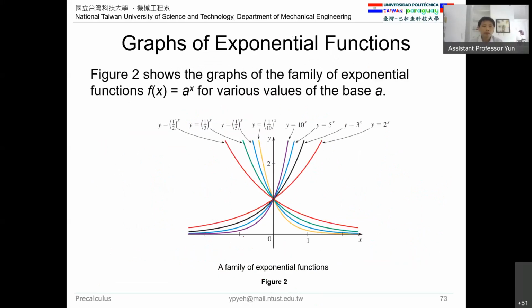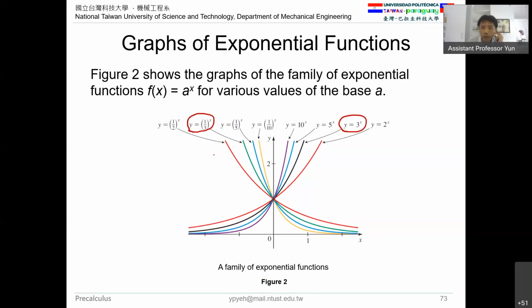Now let's practice some examples of the exponential function. We have practiced y equals 3 to the x and y equals 1 divided by 3 to the x.